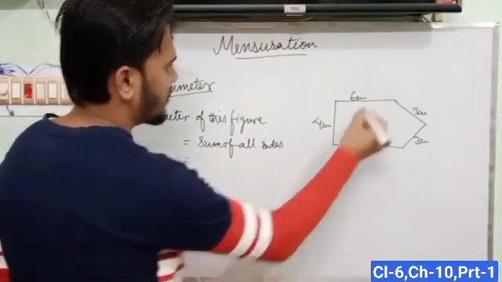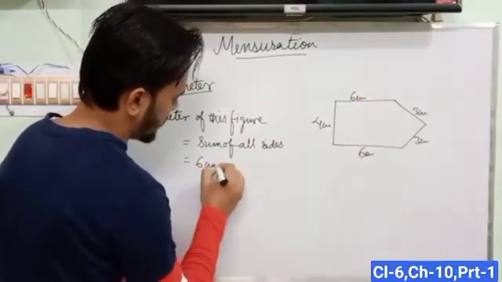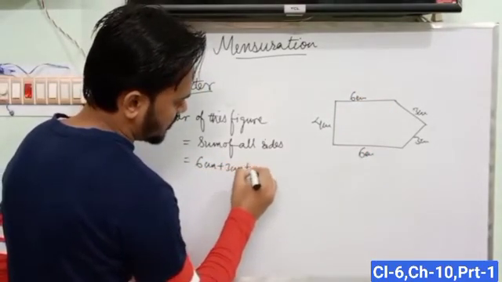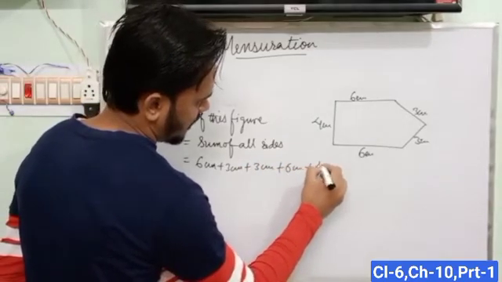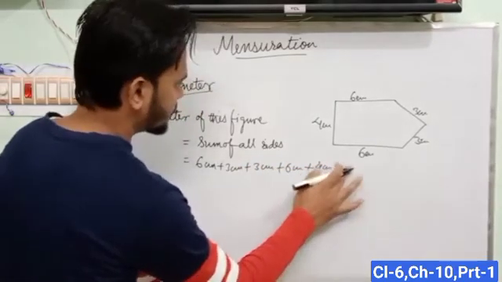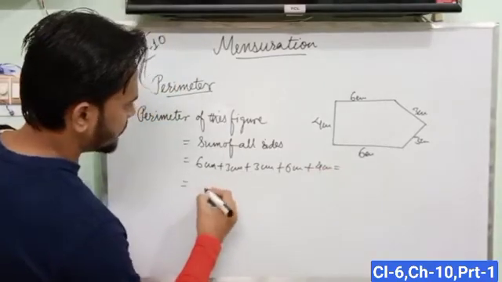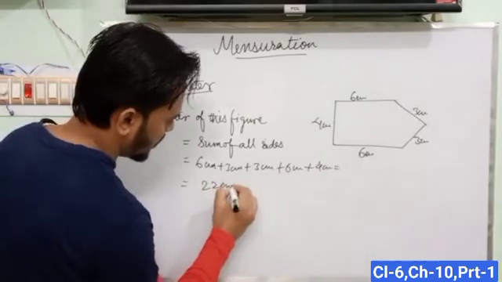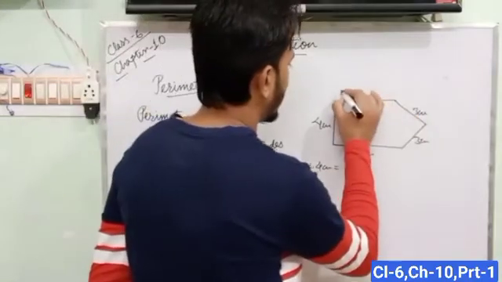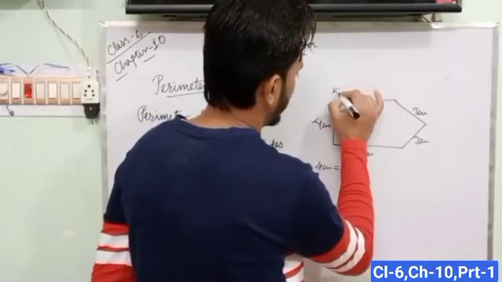That means start from here, then 6 centimeter plus 3 centimeter plus 3 centimeter, again 6 centimeter and 4 centimeter, and the result is 22 centimeter.